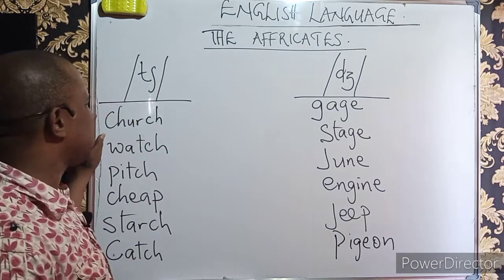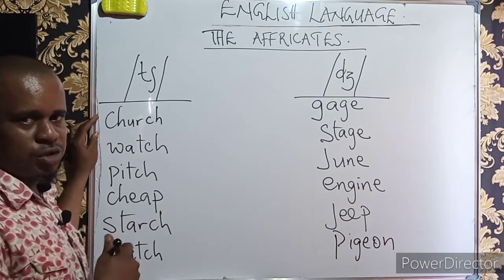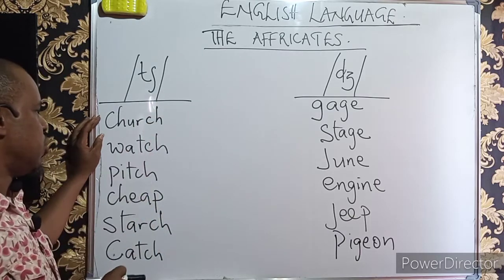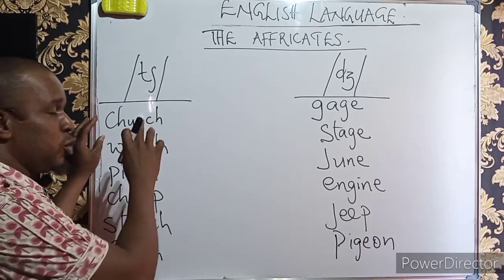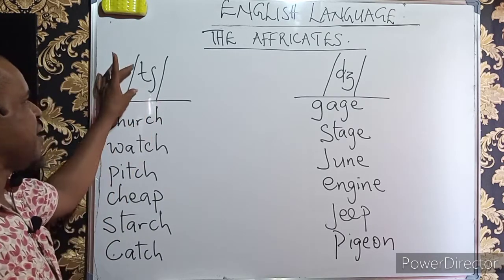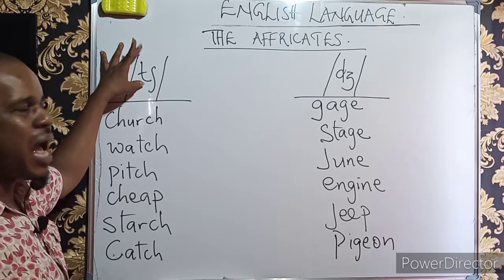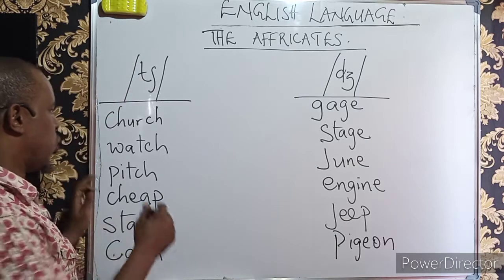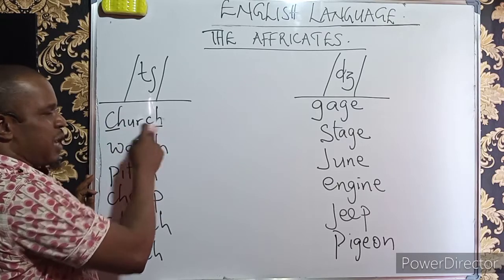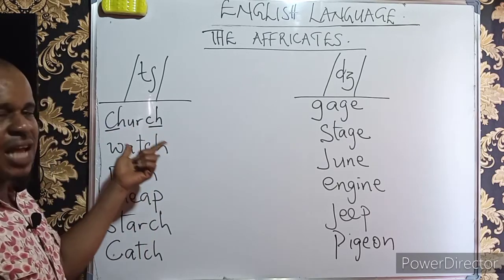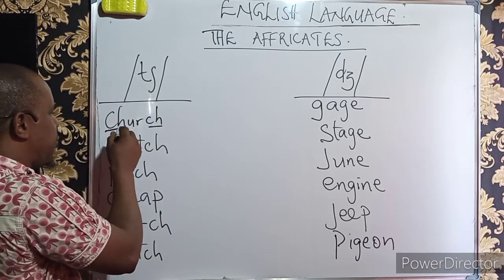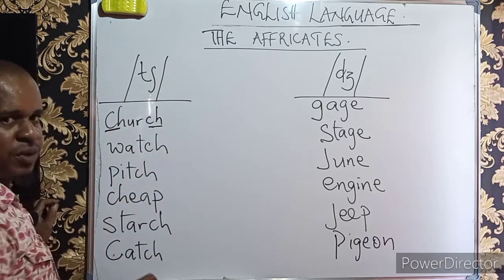All right, now let's have some words under these phonetic symbols as our examples. Those words possess these sounds. We have it as ch. We have words like church. We pronounce this as church, and we have this particular sound here and here.